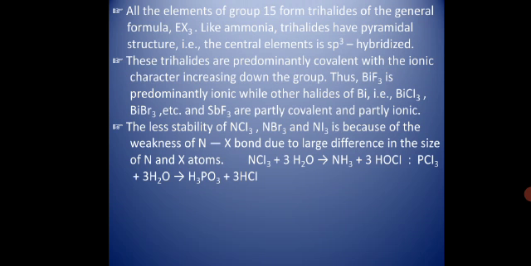So when the atomic size increases, the bond length with nitrogen also increases, and the bond becomes weaker and weaker. If you see fluorine, chlorine, bromine, iodine, the atomic size increases down the group. So when these atoms are attached to nitrogen, the bond length also increases, and hence the bond gets weaker and weaker.